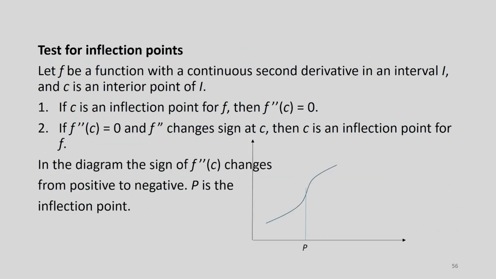Okay, here is a more precise way to test inflection points. Let f be a function with a continuous second derivative in an interval I. Small c is an interior point of I. Number 1, if c is an inflection point for f, then f double prime of c is equal to 0.